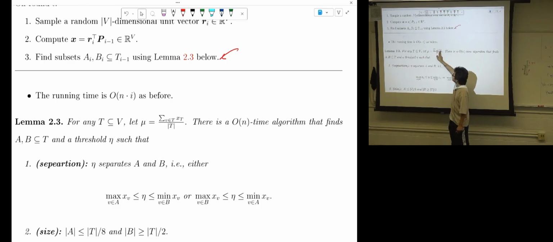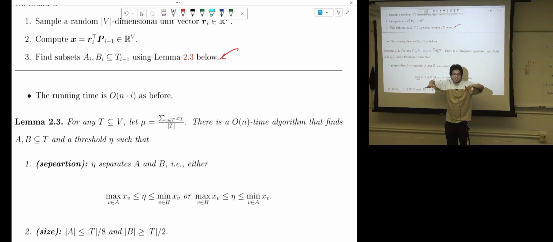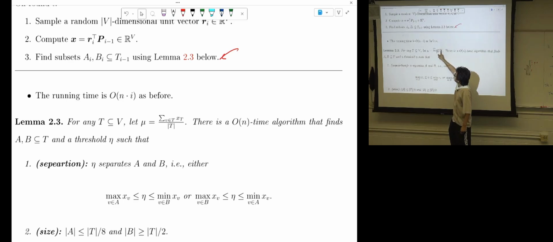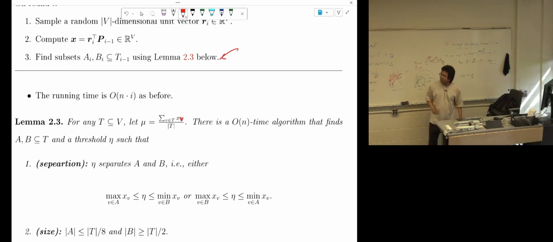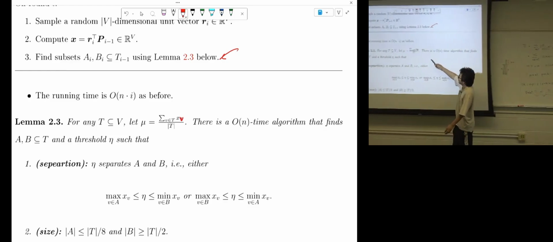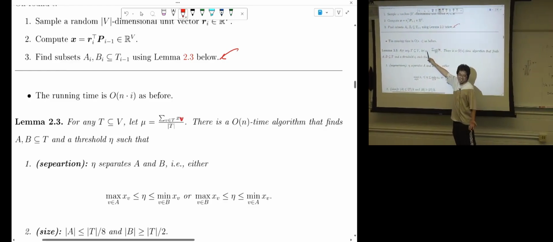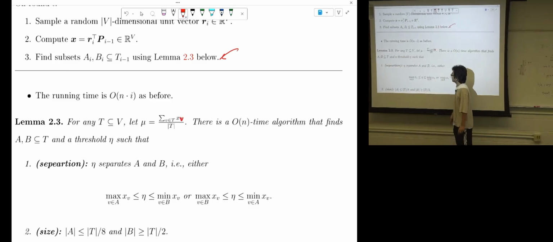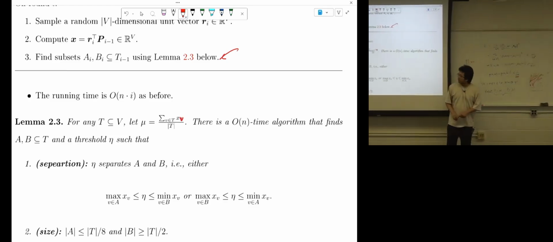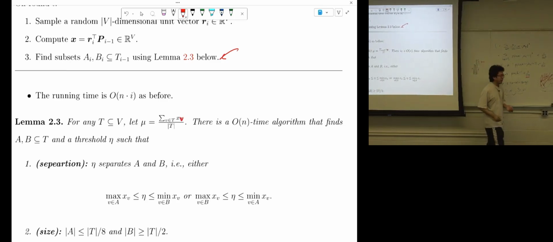Let's say every node is now projected to the line, and every node v has value xv, and this is the average of the set T. Then what we can do is return A and B and a threshold eta, such that first of all, eta separates A and B in the normal sense.